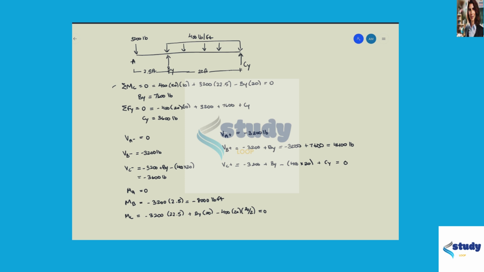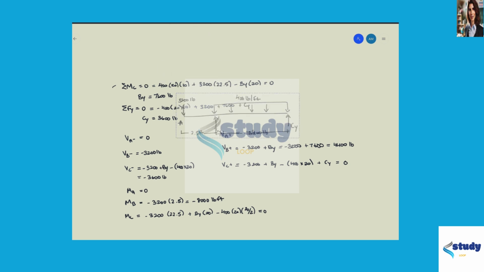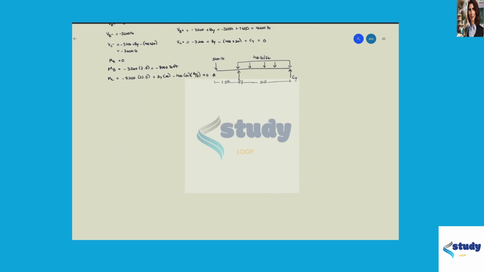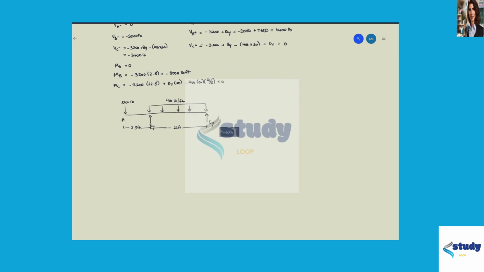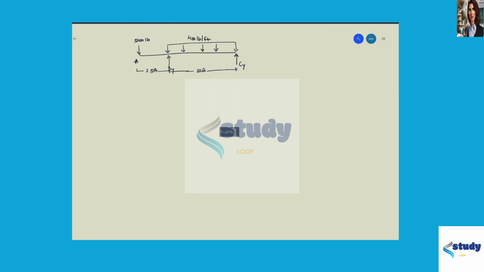So now we can do the shear force and bending moment diagrams. And so I'm just going to copy this. So we have a straight line down here.